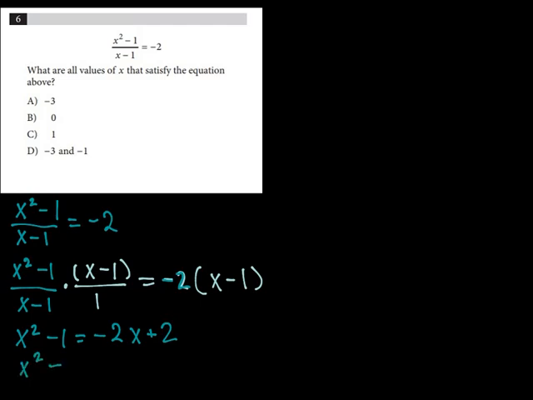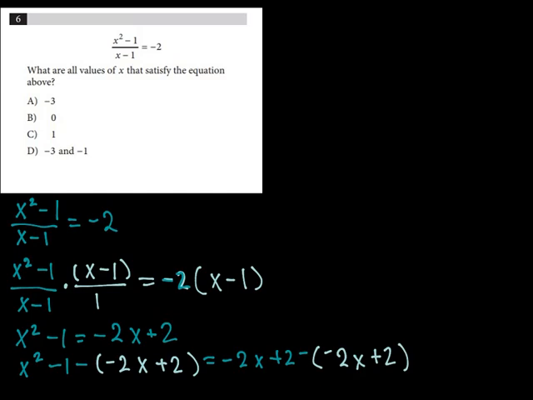x squared minus 1 minus (negative 2x plus 2) equals negative 2x plus 2 minus (negative 2x plus 2).